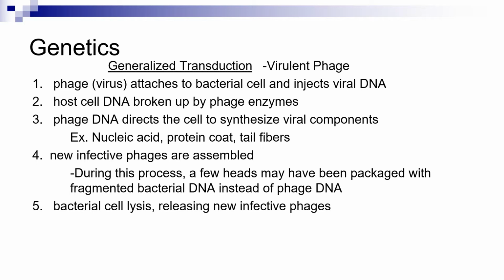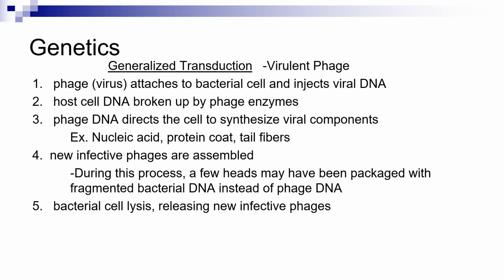So during that process, the new genome is going to be put into the virus. And so when that virus is packed with the genome, sometimes that fragmented bacterial genome is going to be inserted either with or instead of that phage genetic material.